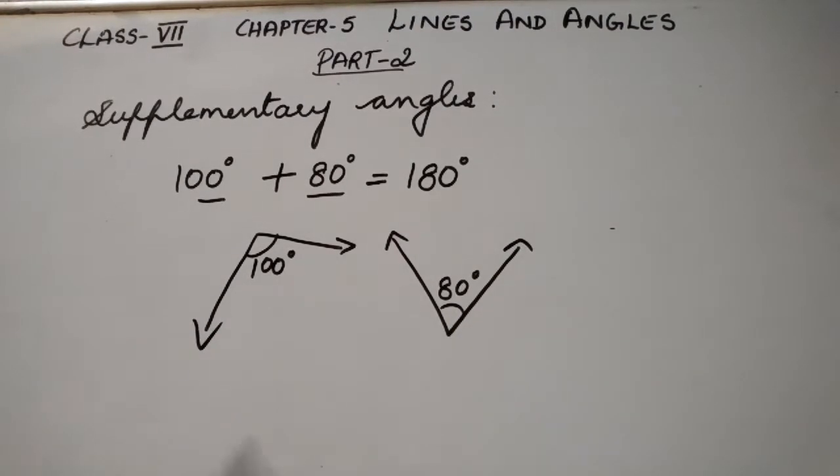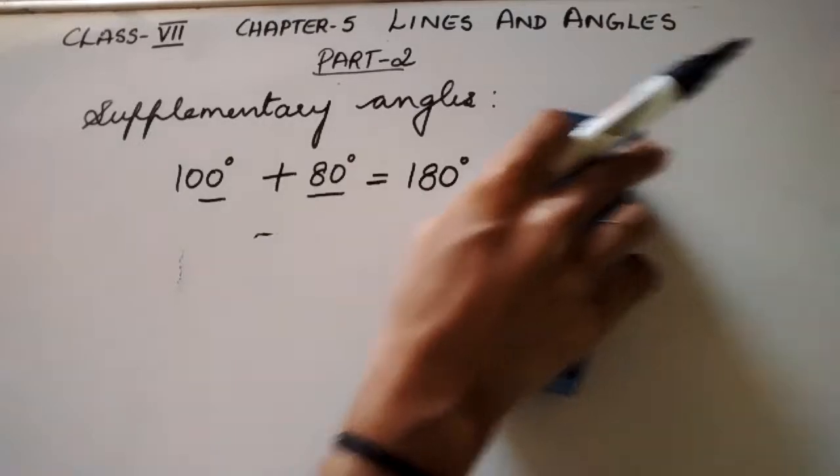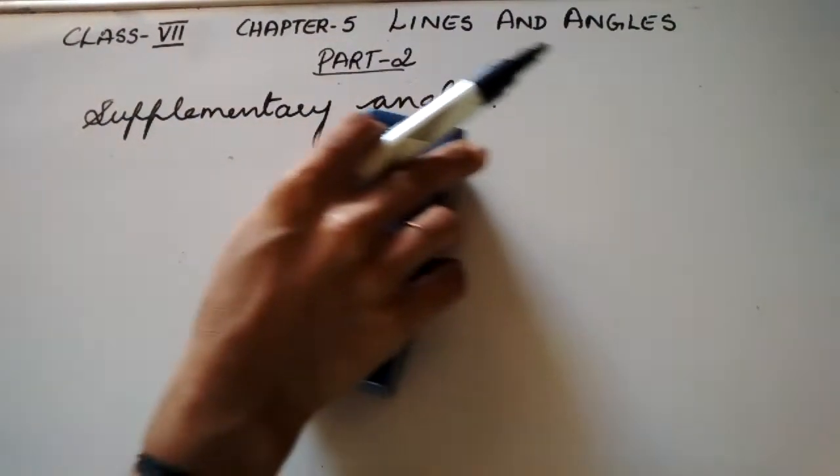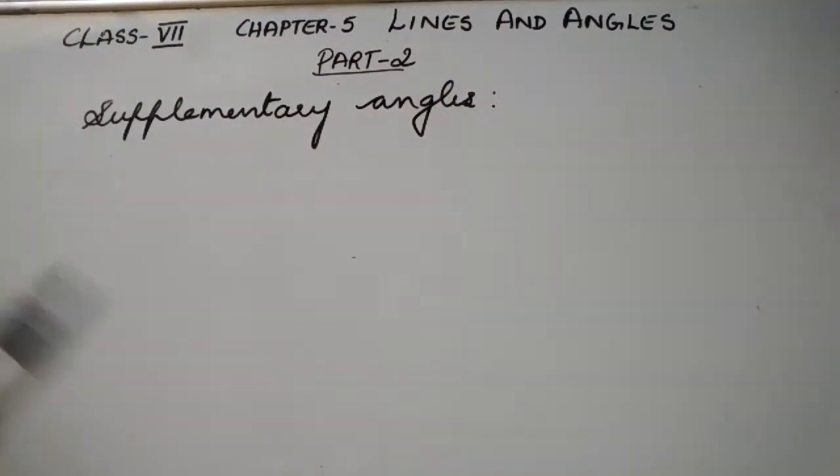So 100 degree is the supplement of 80 degree angle and 80 degree angle is the supplement of 100 degree angle. So let us write the definition.